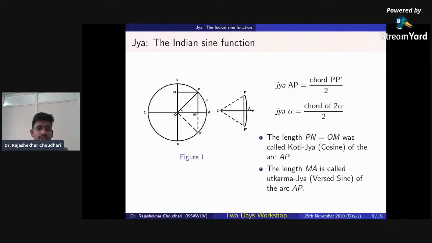As you can see in this figure, where PM is a sine function, for an angle theta equal to 90 degree, what happens? The arc is AB. Let us take arc AB equal to alpha. It is very simple that the sine function is equivalent to OB, which is equal to the radius.